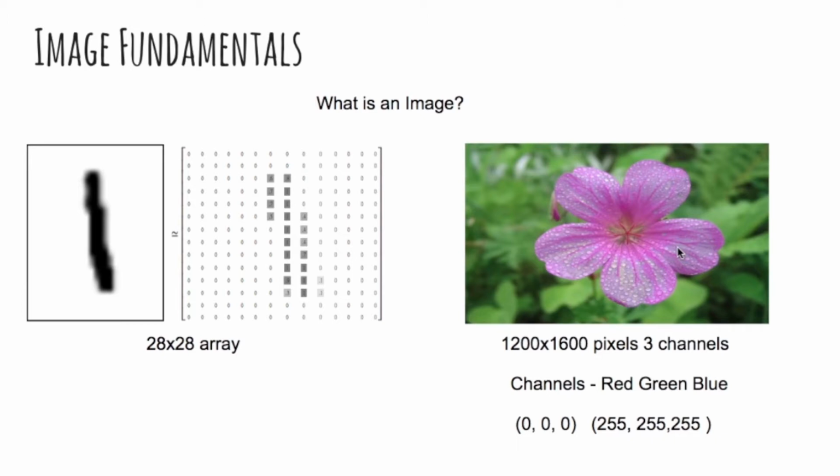These channels are represented in decimal, red being from 0 to 255, green also from 0 to 255, and blue from 0 to 255. 0, 0, 0 means black, and 255, 255, 255 means white. Anything ranging between that is a variation of these colors.